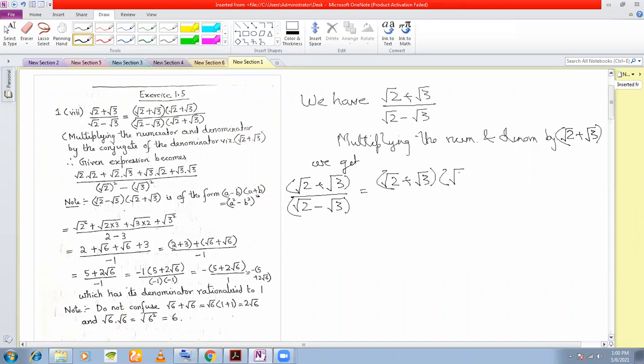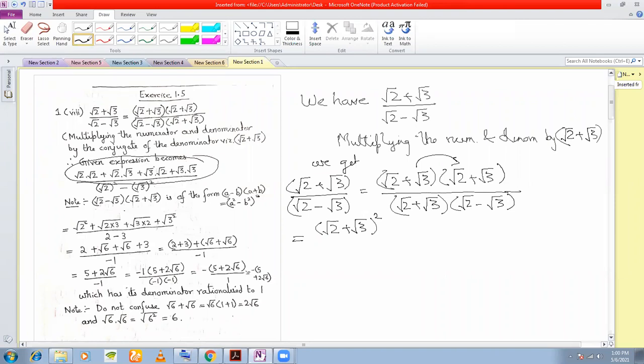And since we are multiplying the numerator and denominator by root 2 plus root 3, yes, this is okay. In the next step, what you see is that root 2 plus root 3 multiplied by root 2 plus root 3 will simply give you root 2 plus root 3 whole square, right? Though I have seen in the note, what I have done here is that I have multiplied directly. Okay, that also you can do, no problem.